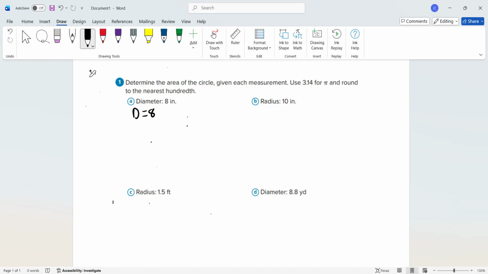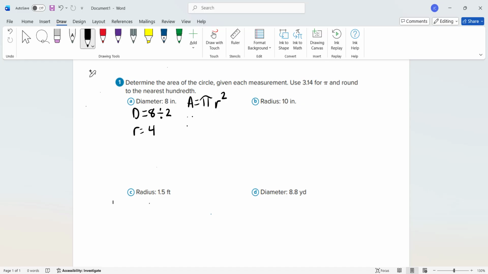Now, when I have to solve for area, I know that I need a radius, because the equation we're using is area equals pi r squared. Because I have a diameter, I need to change that to a radius. To get to a radius, I divide by 2. So 8 divided by 2 gives me 4.